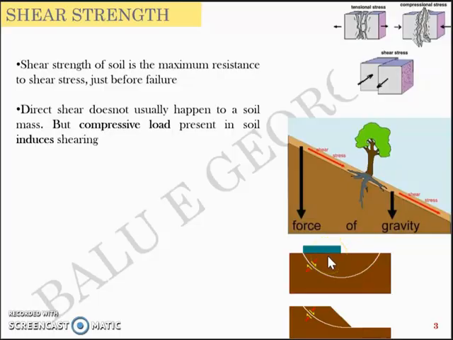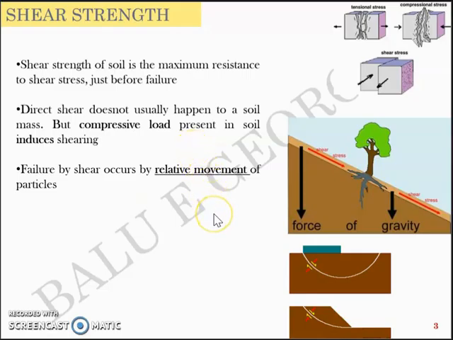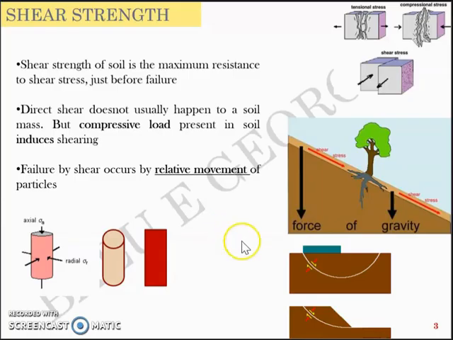Nonetheless, these compressive loads induce shearing. And the failure by shear occurs by relative movement of particles, like this. As you can see here in this picture, there's a chance for the relative movement of particles, which induces shearing.